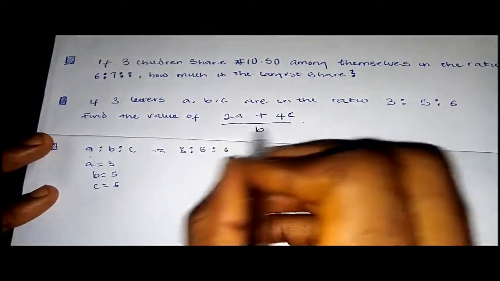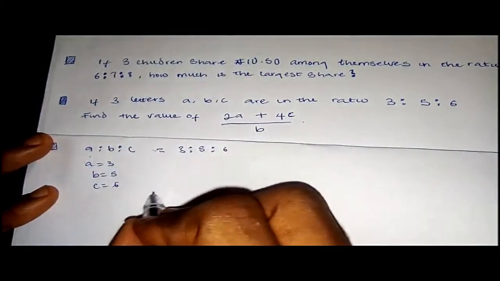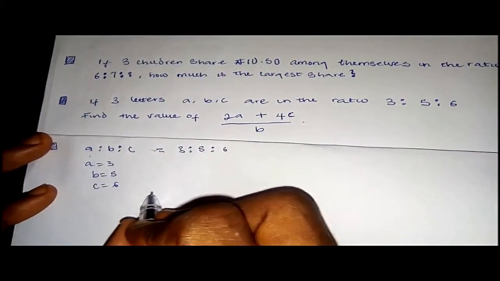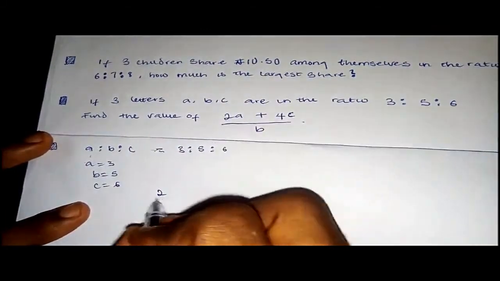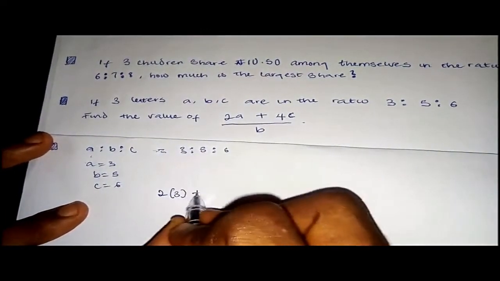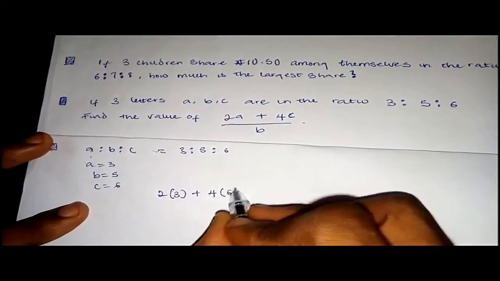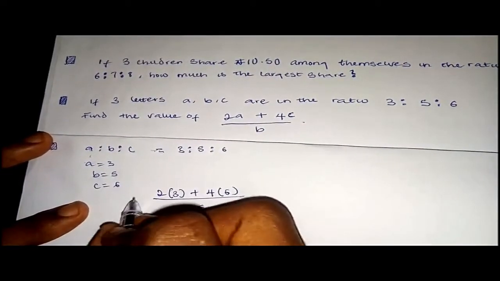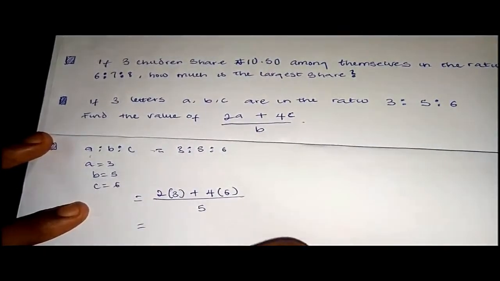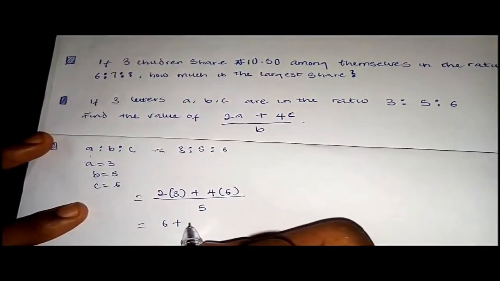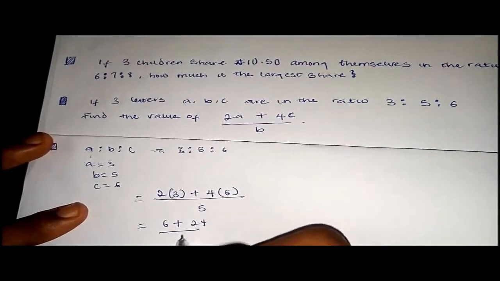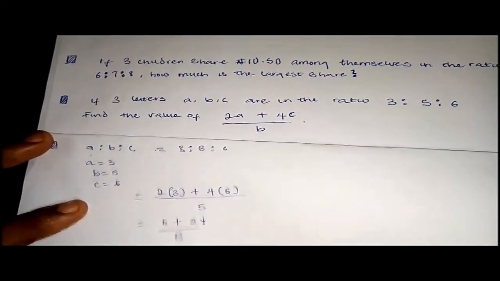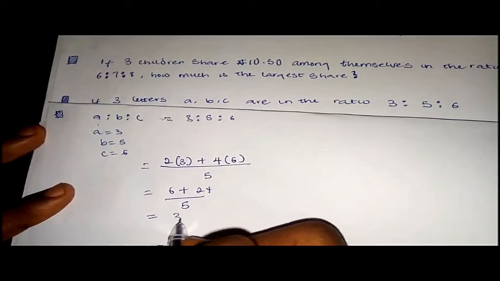So putting these values in this fraction, where A is, we'll have 3, and where C is, we have 6, divided by B, which is 5. So 2 times 3, 6, plus 4 times 6, 24, divided by 5, we get 30 over 5.